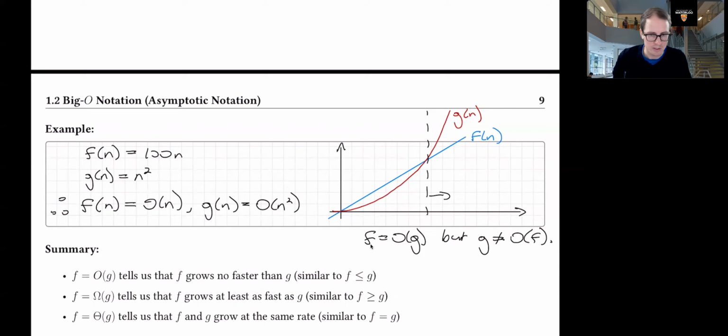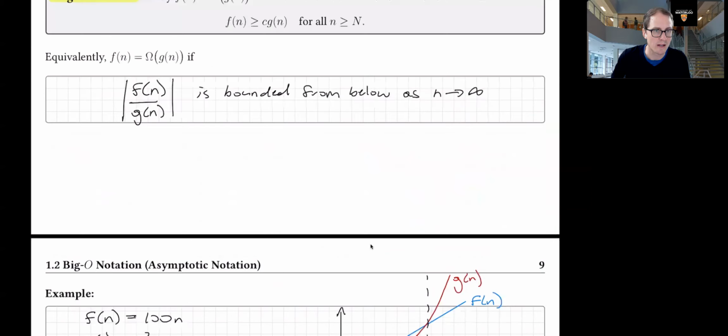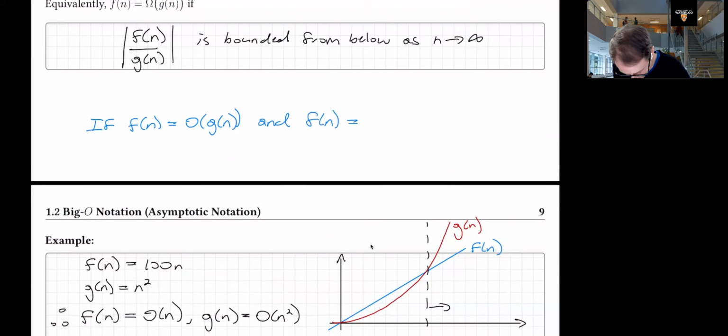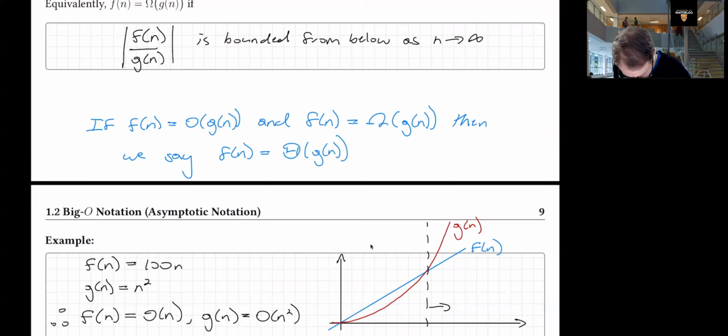The one other notation is big theta notation. And so maybe I'll just write this here. If f of n is equal to big O of g of n, and f of n is equal to big omega of g of n, then we say f of n is equal to big theta, this uppercase theta, of g of n.